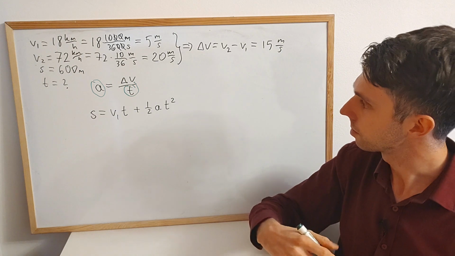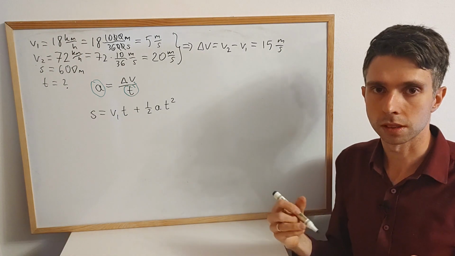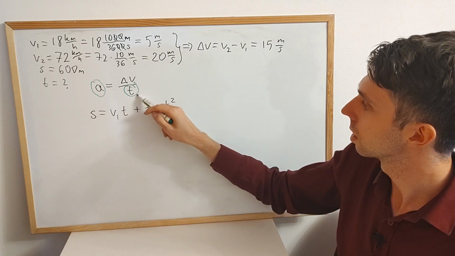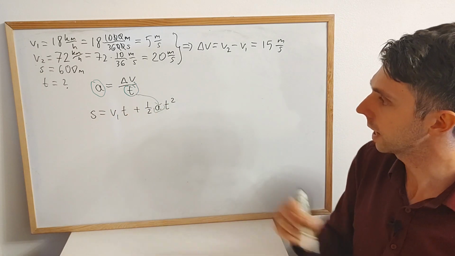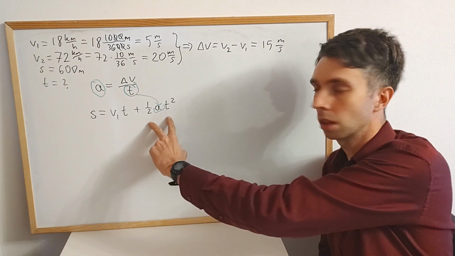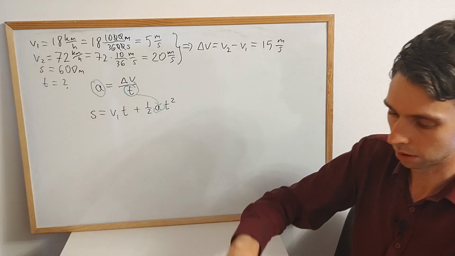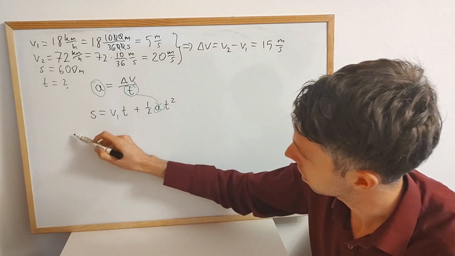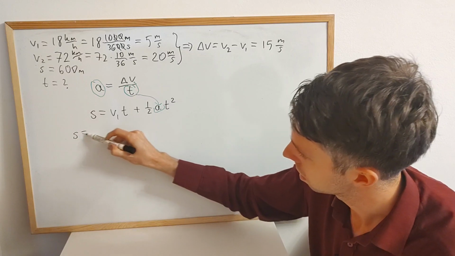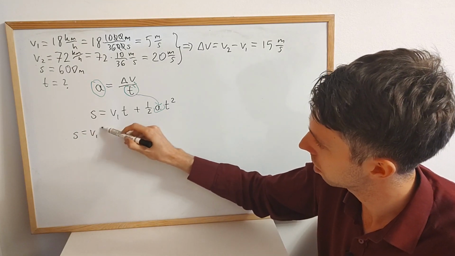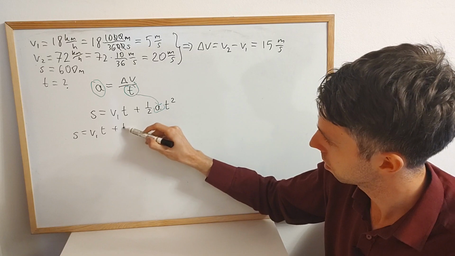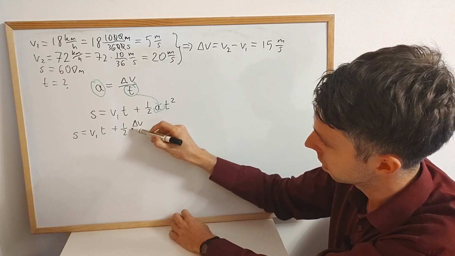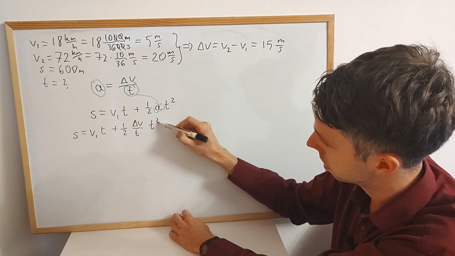So because we are looking for time, it's convenient to plug in this here for a, then the only unknown in this equation will be time. Okay. So let's rewrite it. So distance is v1t plus 1/2, and instead of a I write delta v over t times t squared.